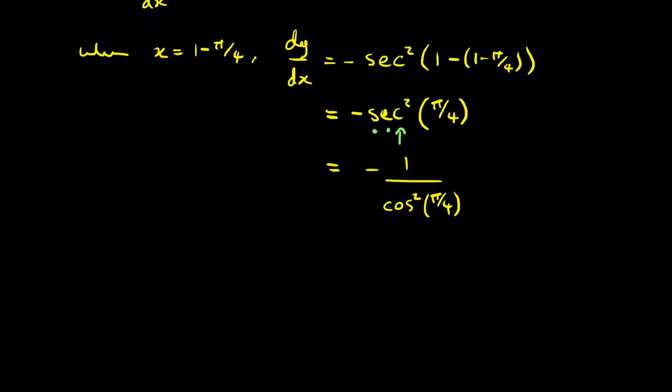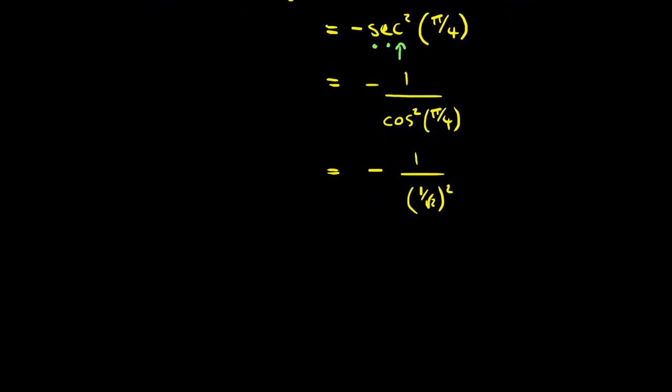You've got to remember your calculator needs to be set to radians. And cos of pi by 4 is root 2 upon 2, or 1 upon root 2. We square that. So 1 upon root 2 squared is 1 upon 2. And if we've got 1 divided by 1 upon 2, that's the same as 2. In the end, our dy/dx is equal to negative 2.